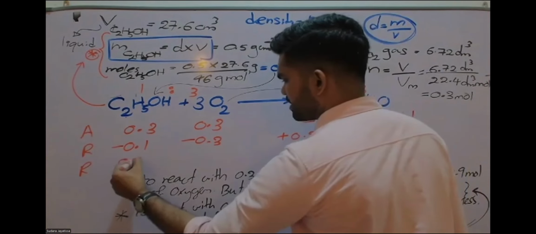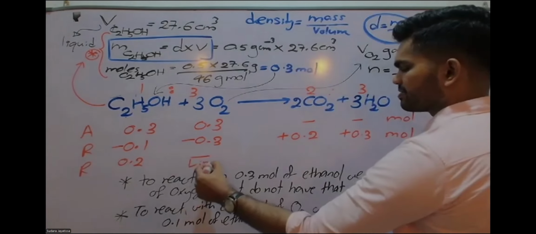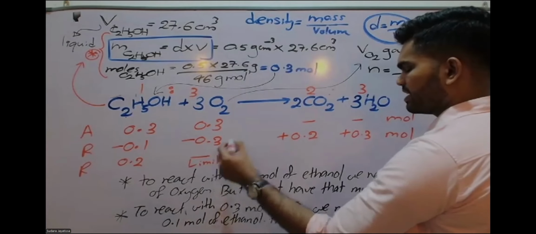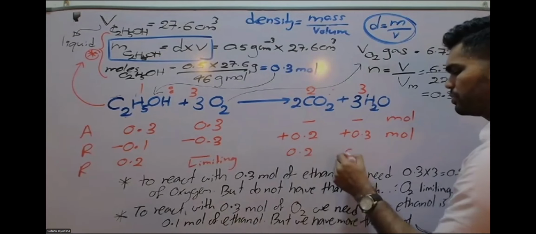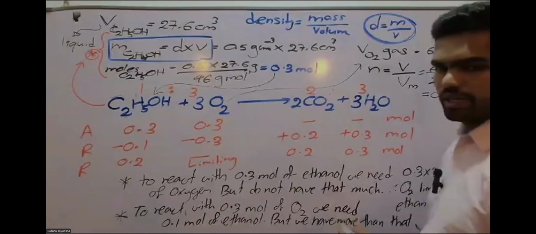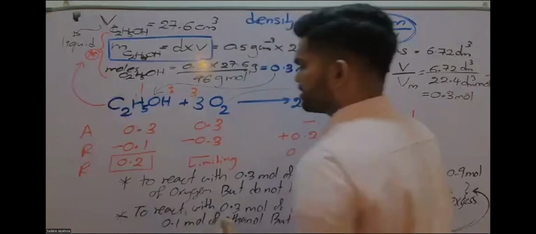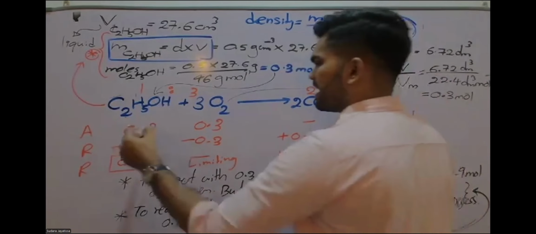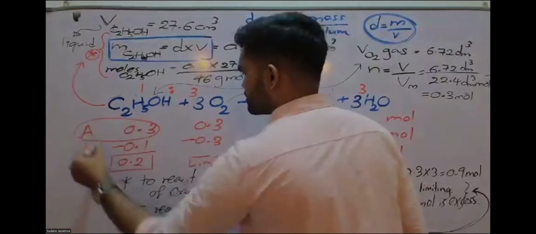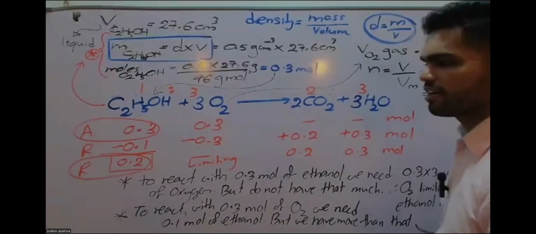Here 0.2 is remaining, here nothing is remaining, that is our limiting reactant. So here 0.2, 0.3 are there. This is the remaining number of moles and this is the added number of moles. We consider these two values when we go to our final answer.